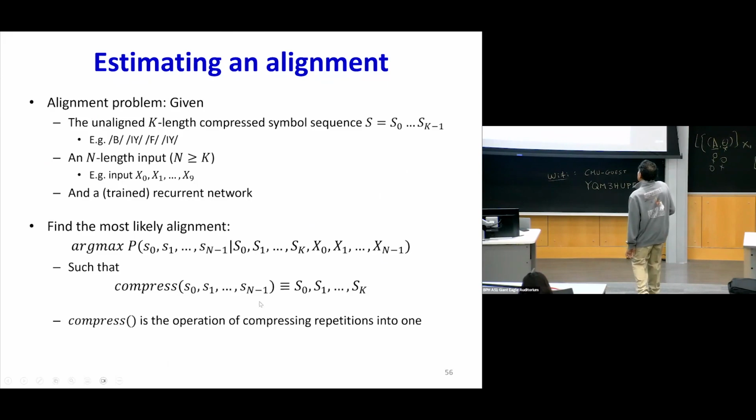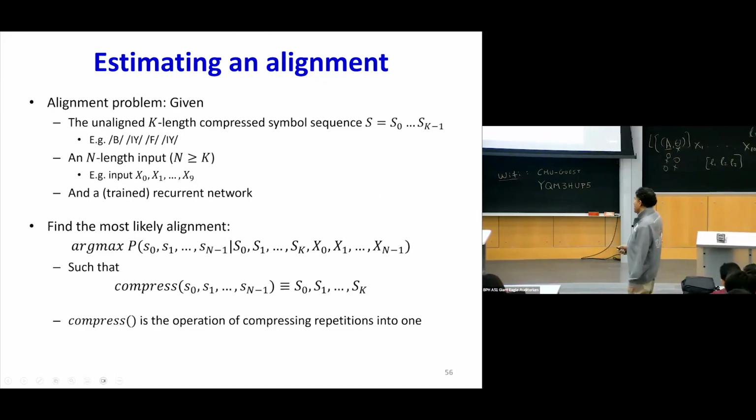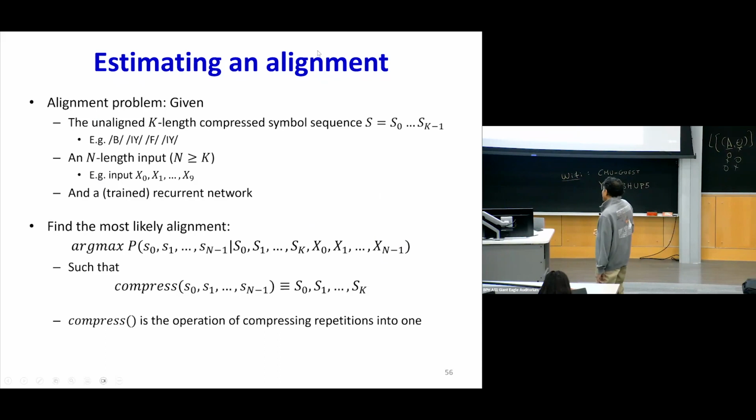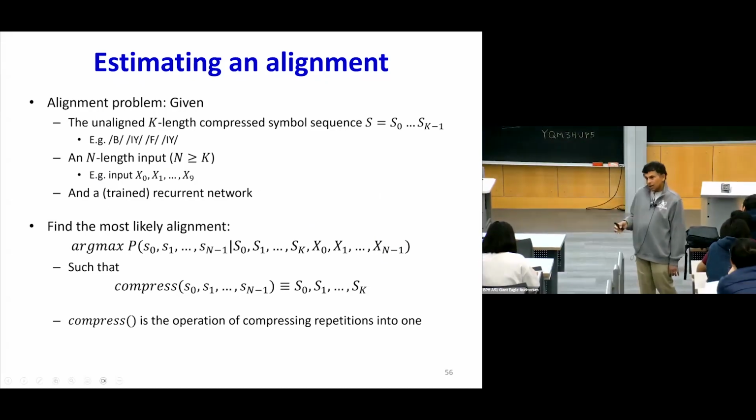You're given an unaligned k-length compressed symbol sequence S0 through Sk minus 1. For example, and I keep changing my examples, the word beefy. And then you're given an input of length n, where n has to be at least as long as the number of symbols in your output. So again, this is for training data.